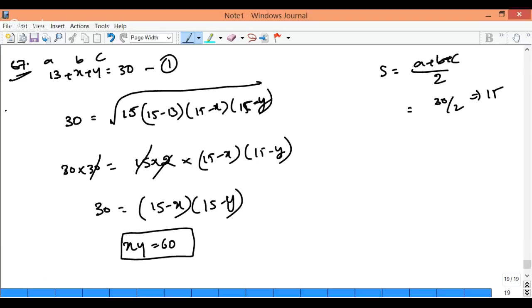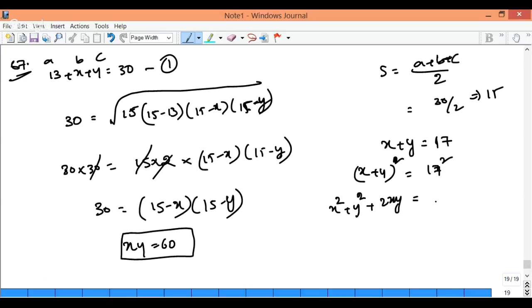Now, come to equation 1. From equation 1, we can get x plus y is equal to 17. Square it: (x plus y) whole square is equal to 17 square, which is 289. So x square plus y square plus 2xy is equal to 289.